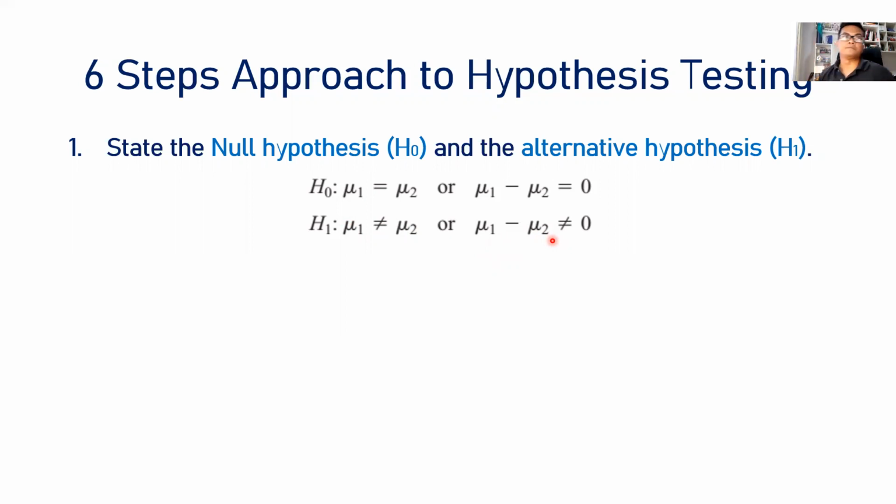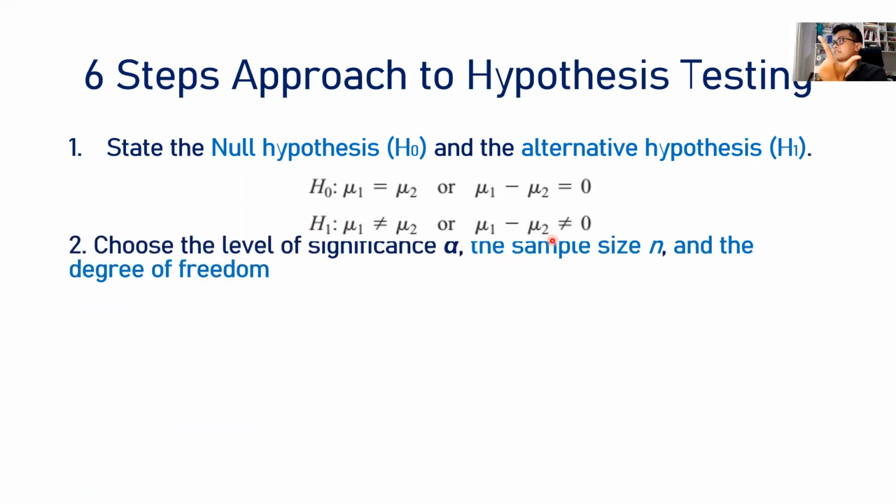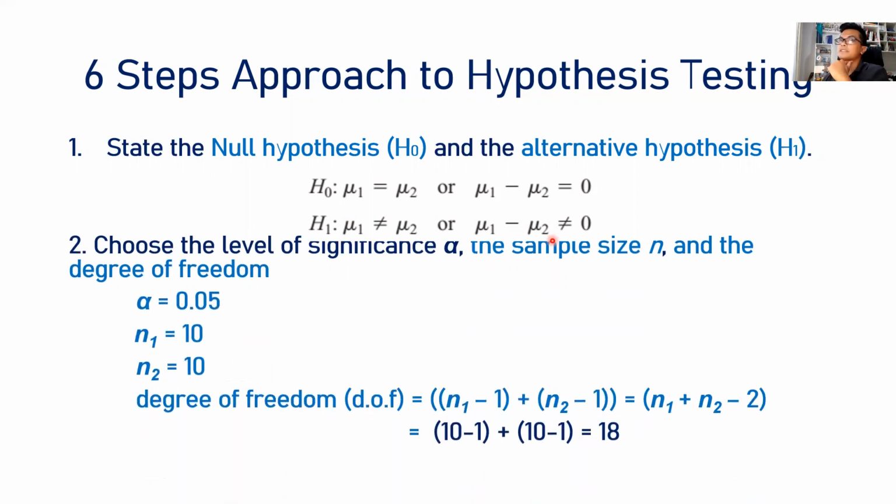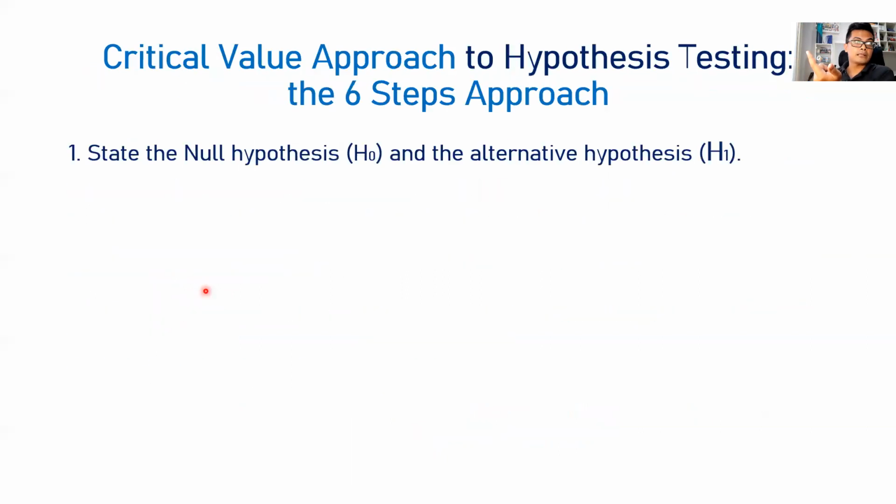Okay, secondly, at the second step, we have to choose the level of significance, the sample size, and the degrees of freedom. The level of significance is already stated in the problem set, 0.05 or 5%. It's provided in the problem set. The sample size, early on we picked, let's see, just a moment, I go back.